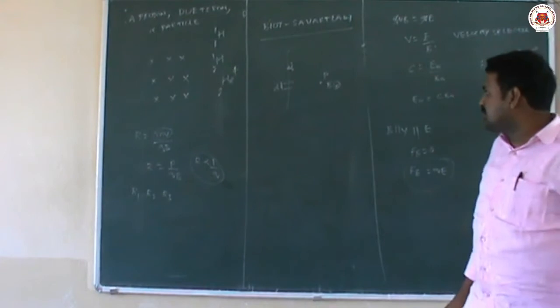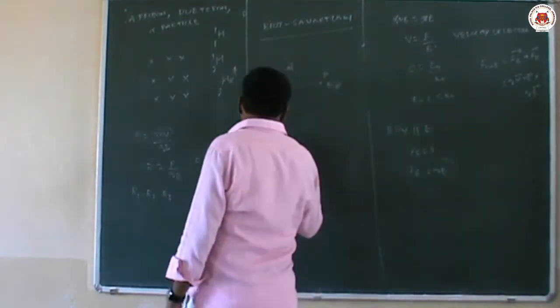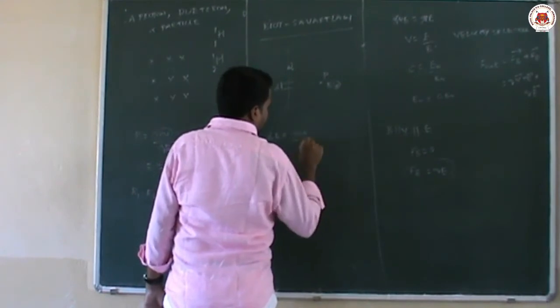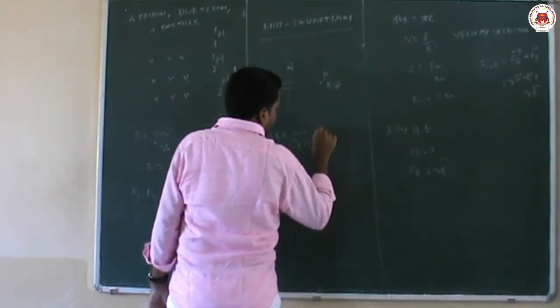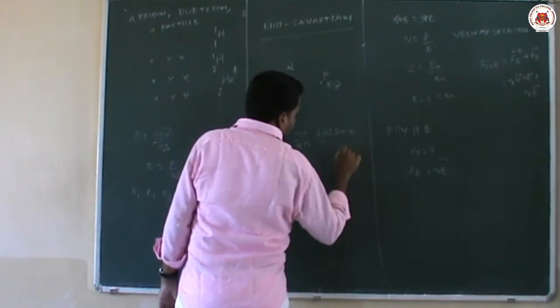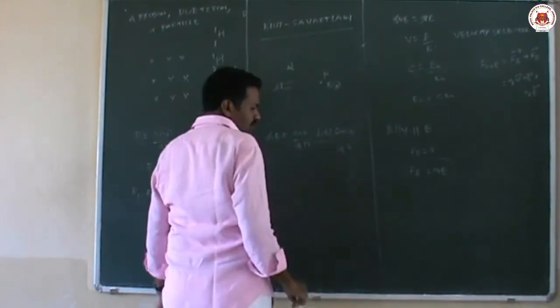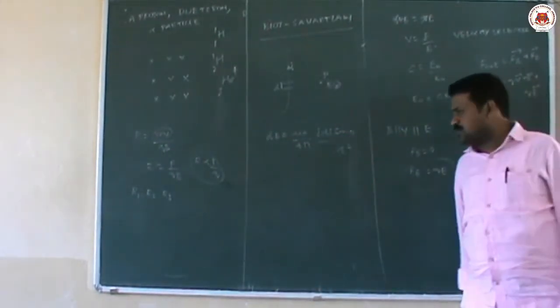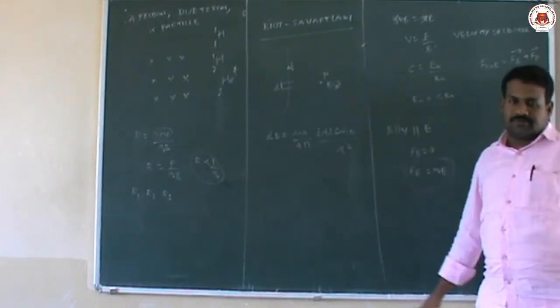For that reason, we can take the formula dB is equal to mu naught by 4 pi, I dl sin theta by r square. This is the formula of Biot-Savart. You have to take a small element, and by using this formula we can find the dB value.